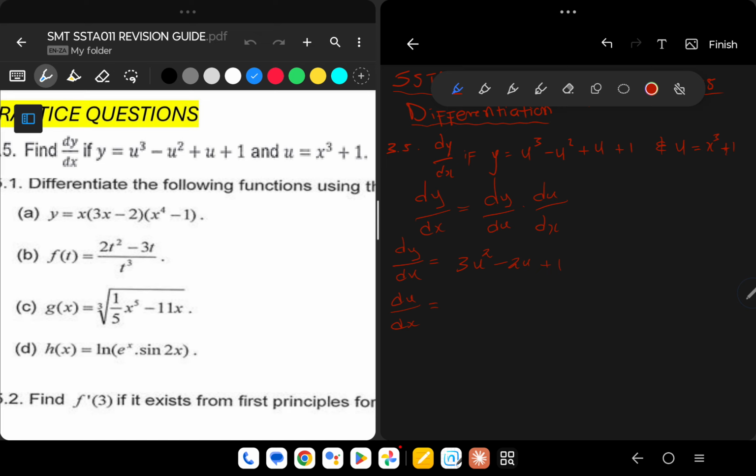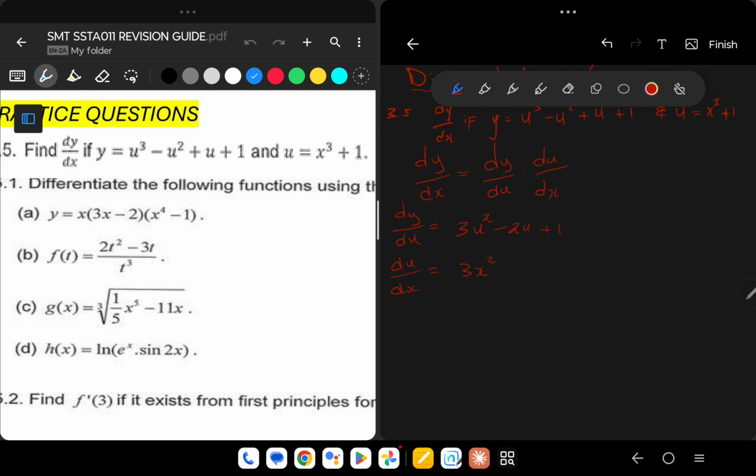So our u is what? It is x cubed plus 1. So when we derive our u, it's gonna be what? 3x squared, and then the derivative of a constant is just what? It's just 0. So remember our dy over dx is dy over du times du over dx.